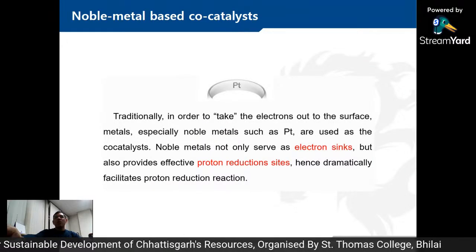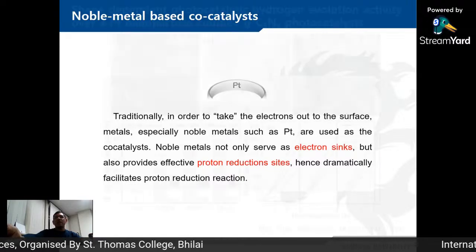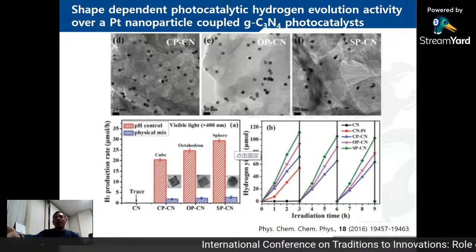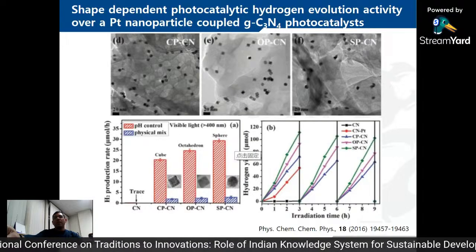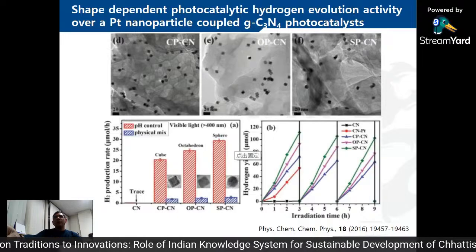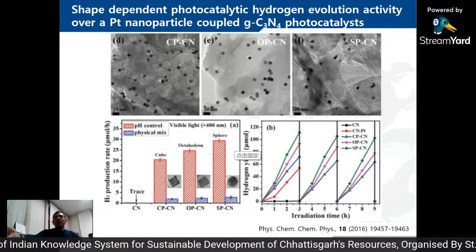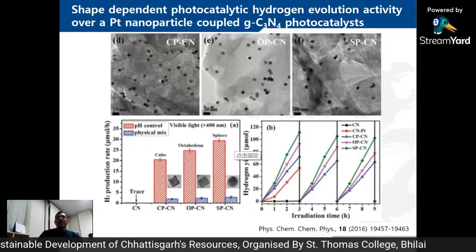Platinum also acts as an electron sink, and it also provides effective proton reduction sites. If you use platinum, you can prepare platinum nanoparticles of different shapes, like octahedron or cubical or any other shape. Depending on the shape of the co-catalyst, the photocatalytic activity changes.